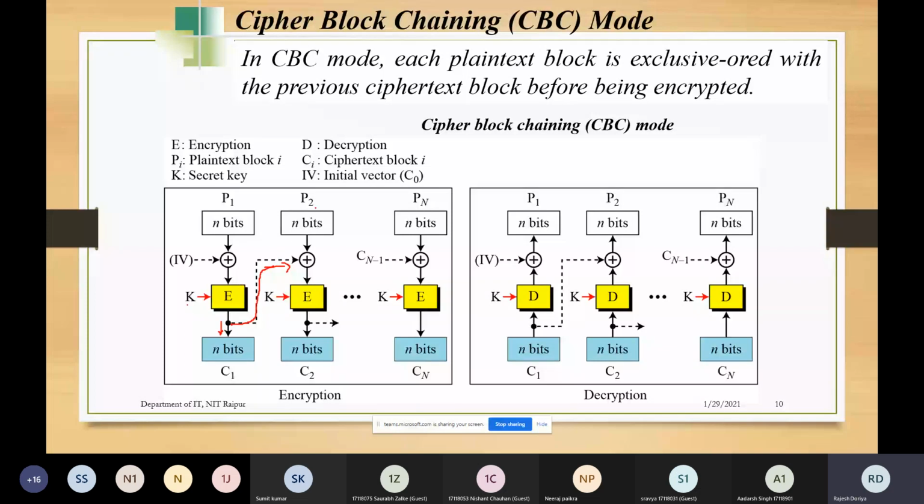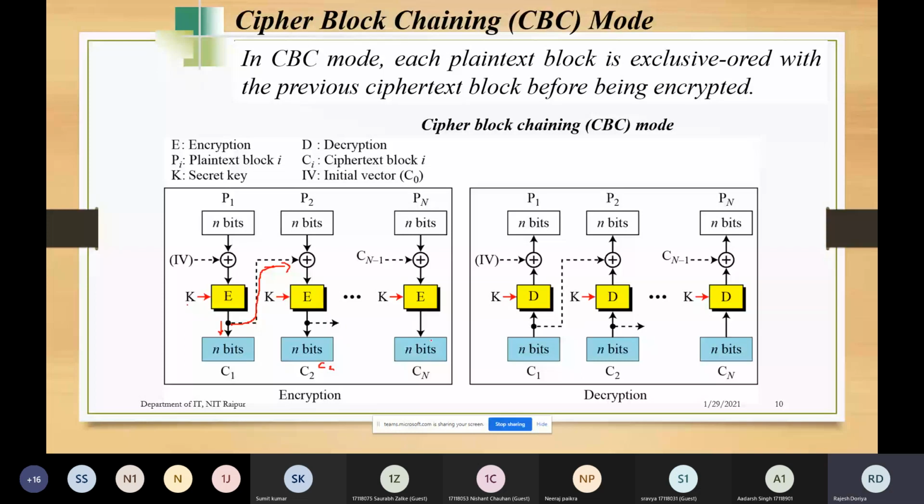So this time, the second plaintext block is going to be XORed with the output of the previous block. Then the XORed value is encrypted with the help of a key K to produce the second ciphertext block, and the same process continues till the last one.